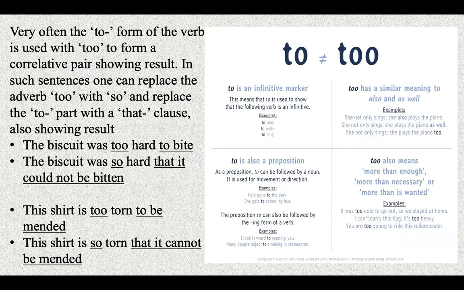The biscuit was so hard that it could not be bitten, so it changes into a negative sentence. The next example here, this shirt is too torn to be mended. So if you have to remove too, this shirt is so torn that it cannot be mended. I've given you a small little picture here as well, on the use of to and too. When are they used?